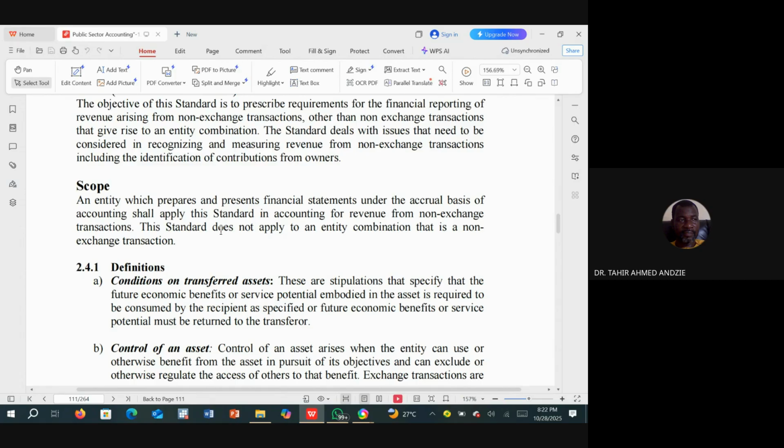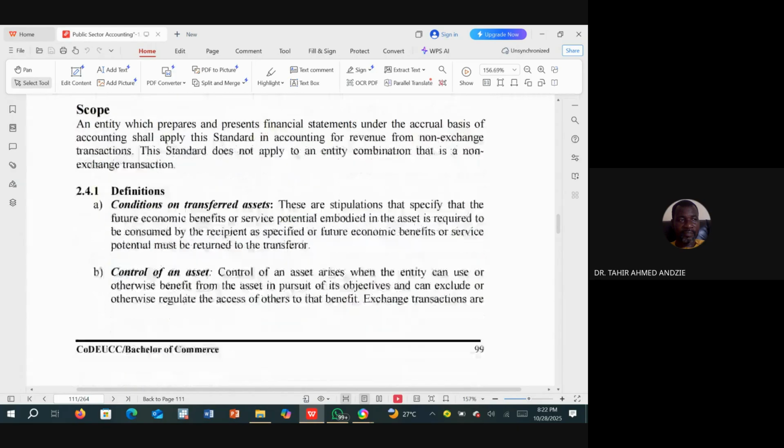So take note, countries that have adopted the International Public Sector Accounting Standards are required to prepare their financial statements using the accrual basis. And so all public entities using the accrual basis come under the application of this standard, right? But if it's about business combination, entity combination, any transaction that has to do with a business entity combination is out of this scope.